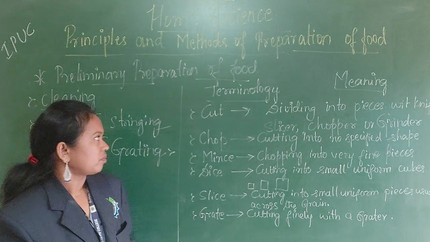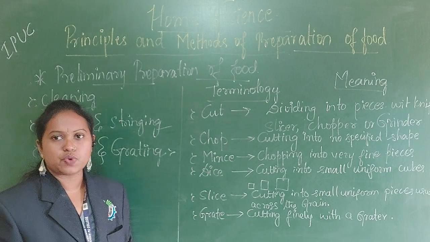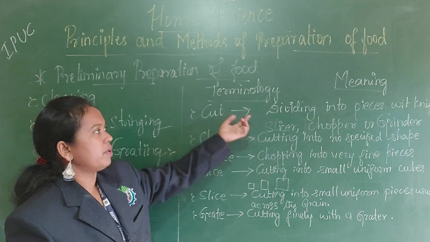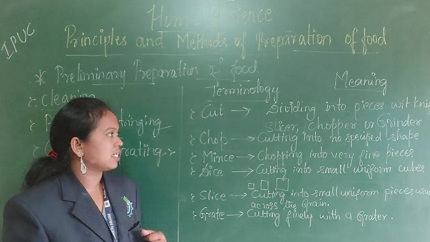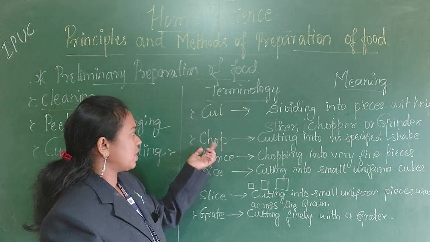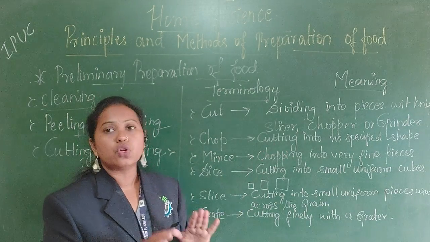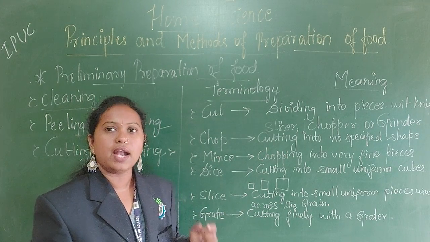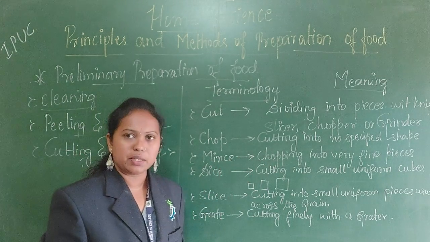So, what are all the terms we have gone through? The very first one is cut. Cut means dividing into pieces with a knife, slicer, chopper or grinder. Next, chop means cutting into no specified shape. Next is mince, which means chopping into very fine pieces.